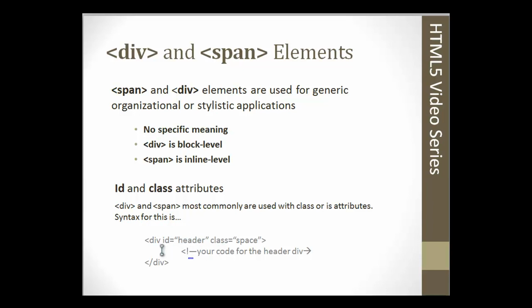And a div, or any element for that matter, can only have one ID. It can have many classes. So here I have a class of space, and maybe you have space defined as a class that's going to add a space under it. You might have margin or padding under it, so you could apply that class to this.